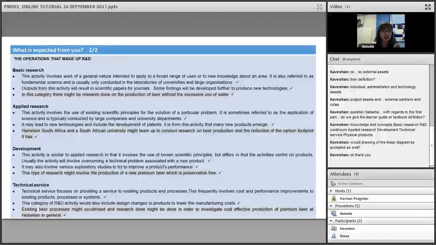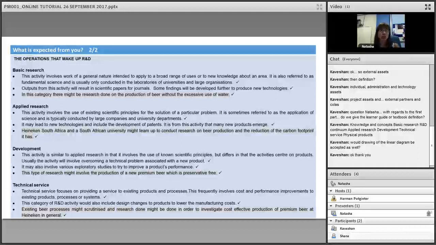Now let's have a look at the operational part of R&D, the operations that make up R&D, with the 4 activities. We look at basic research, applied research, development, and technical service. Just as a reminder, the question also stated that you needed to provide practical examples based on the case study.